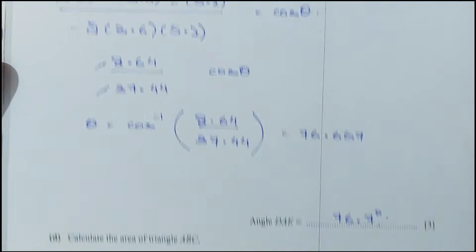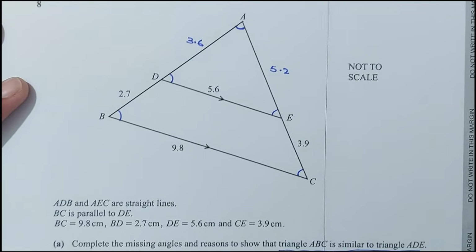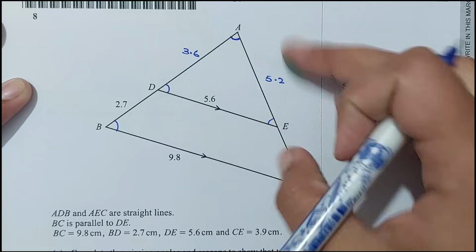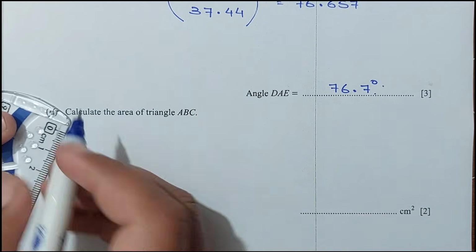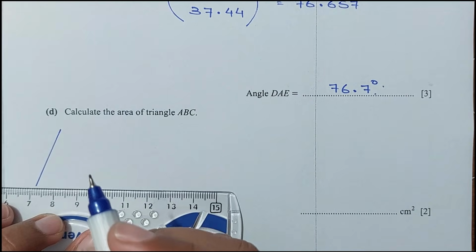Yes. Now for part D, calculate the area of the triangle ABC. Okay, look at this triangle ABC. A, B and C. These two sides we have, this angle we have. Let me draw this triangle.